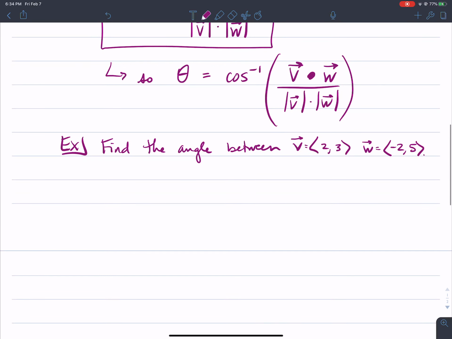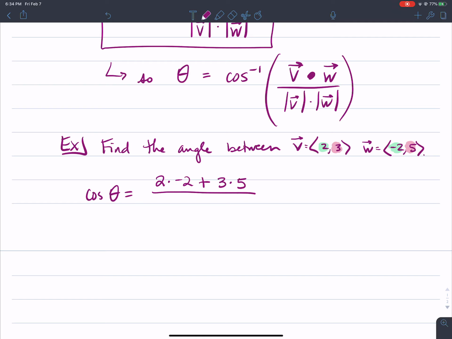All right, so to do that, you just substitute everything into the formula. So cosine theta equals, and we need to do the dot product. Dot product is that basic formula, x times x, so 2 times negative 2, and then y times y, so 3 times 5.